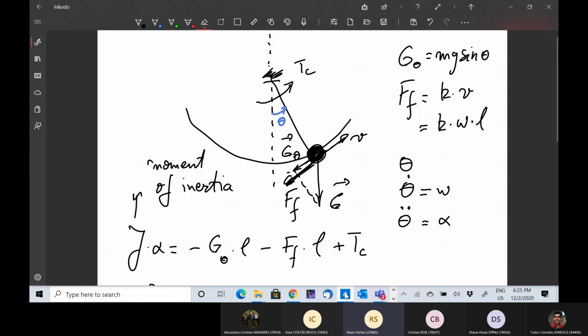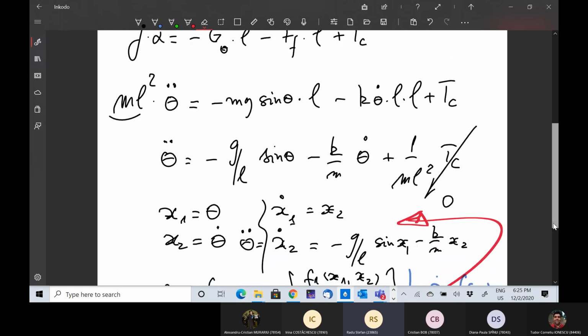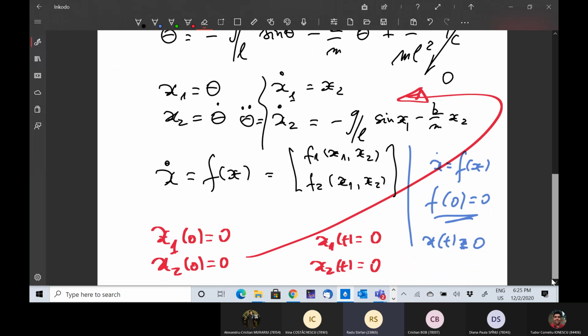Okay, so I'm coming back. Which is the equilibrium point, corresponding physically to the origin, or to the trivial solution x identically 0, which I have written here? Which is the physical point corresponding to that? Can you tell me?